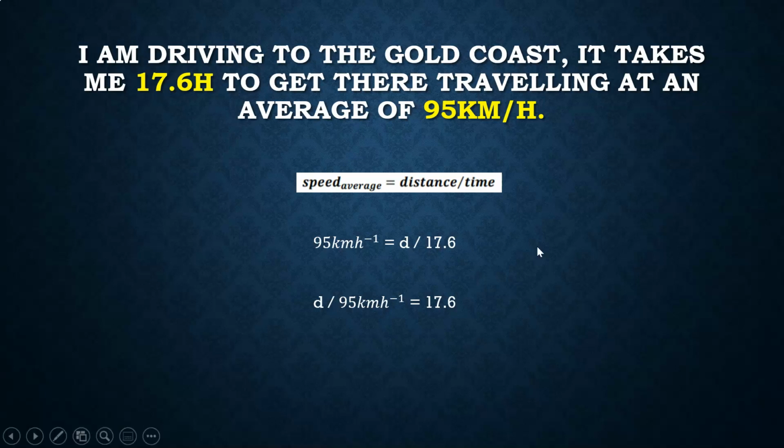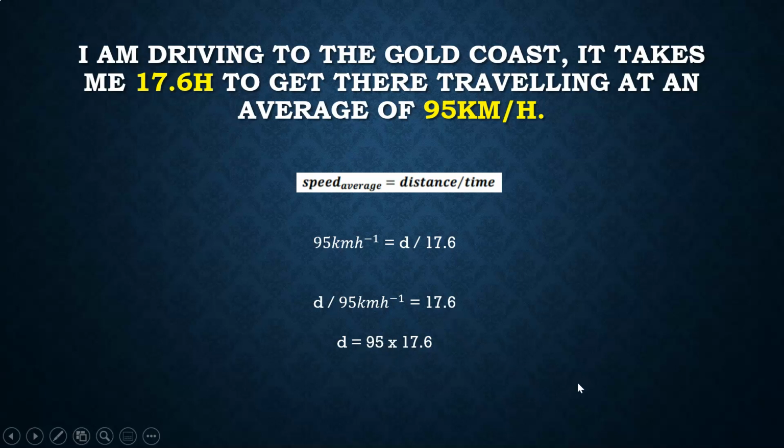Okay, so we're going to remove the distance from this side, and I'm not going to go into the maths behind this, but we add it to that side in this case, where distance is the numerator. Now we need to get rid of the speed. Because we've got a division involved, we're going to multiply that out, and by multiplying it out, we're also multiplying it on the other side.